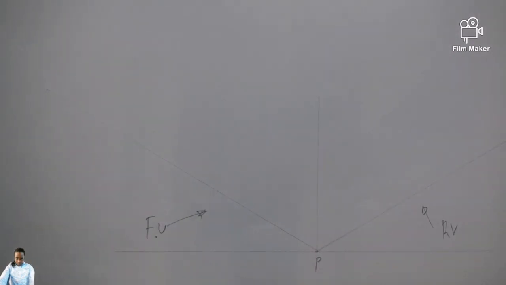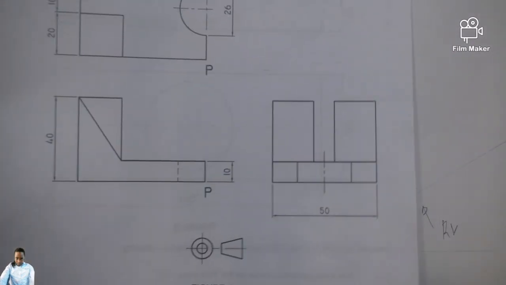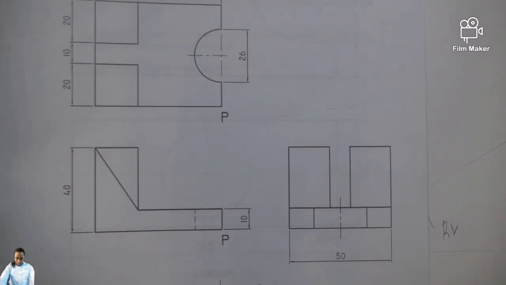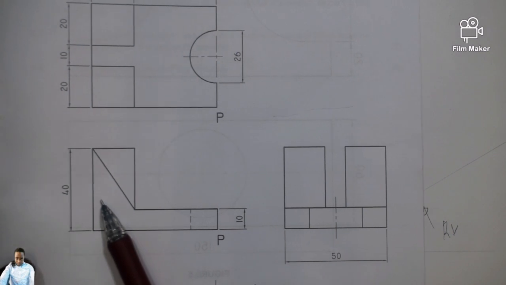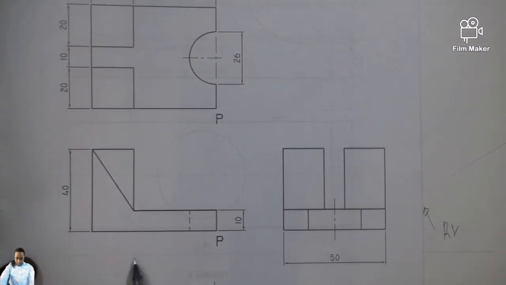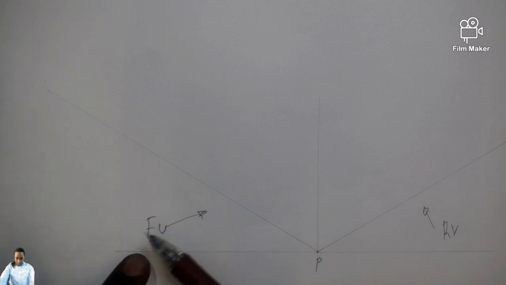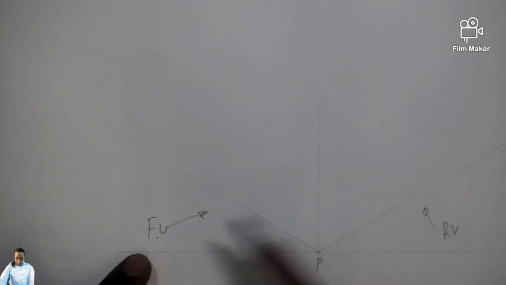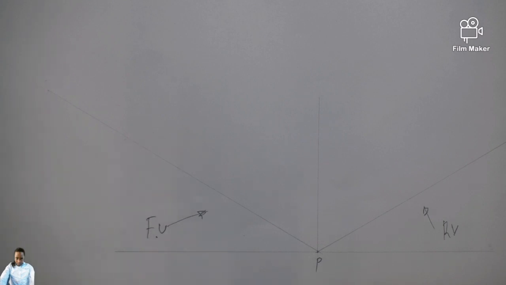Assuming these views were given in first angle orthographic projection, we're going to have the front view and the left view. This top was going to be below your front view. Then when it comes to your drawing, this front view was going to be on your right hand side, so that the left view comes on its left hand side.